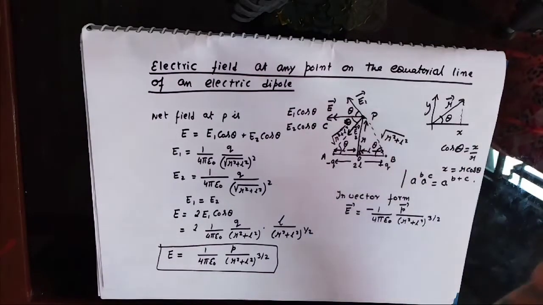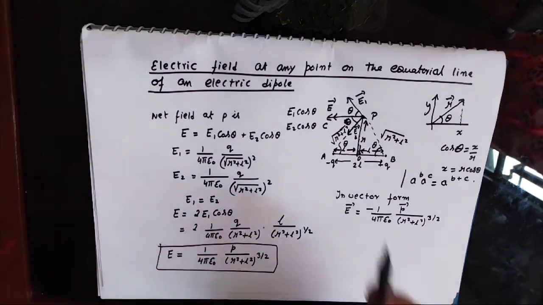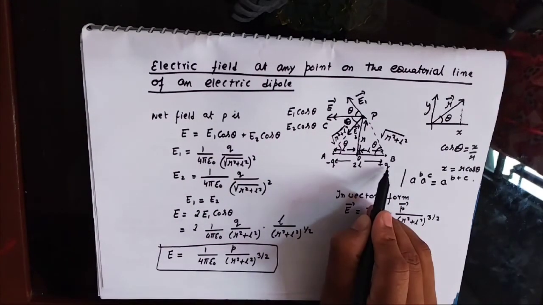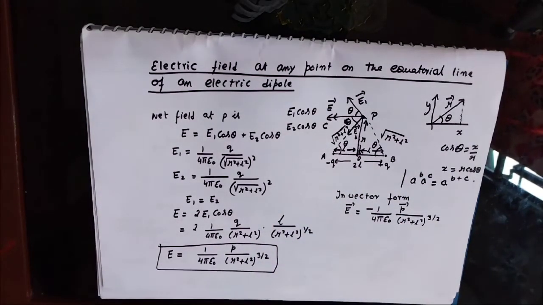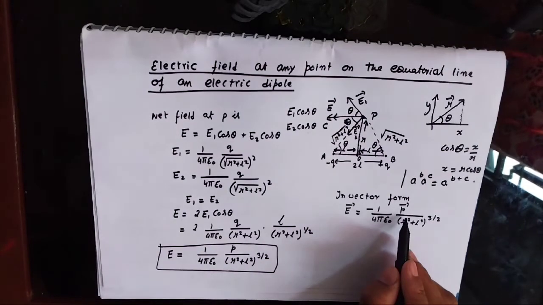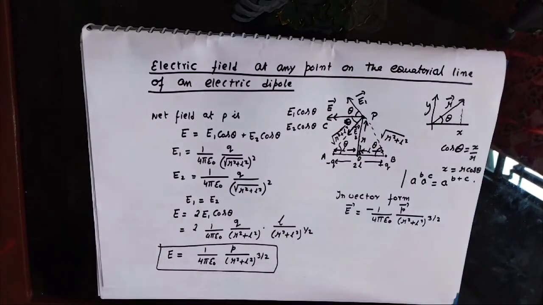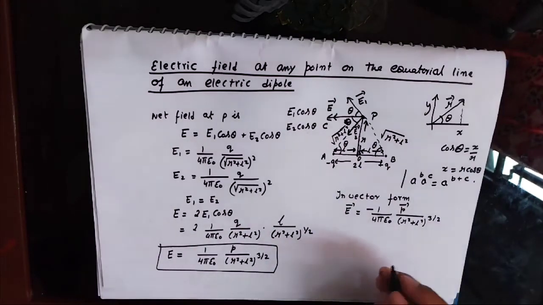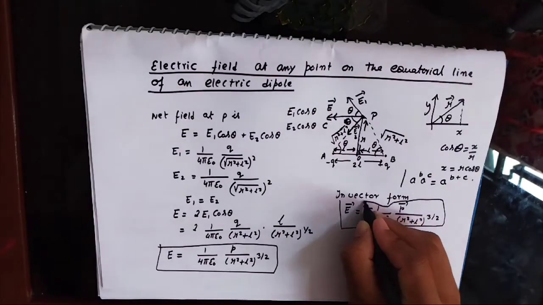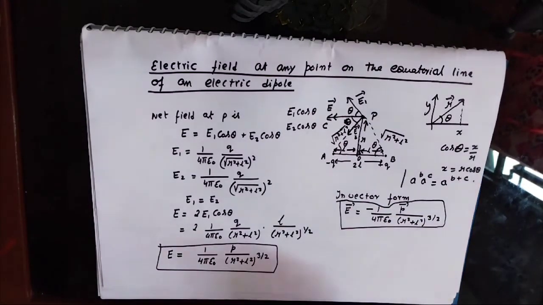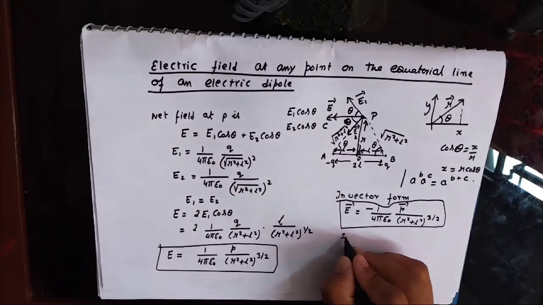Because the electric field is along PC, but the dipole moment is from minus Q to plus Q. That's why I have to put a negative sign. The negative sign indicates that the electric field and the dipole moment, in this case, are opposite in direction. So this is the representation of the electric field in vector form.